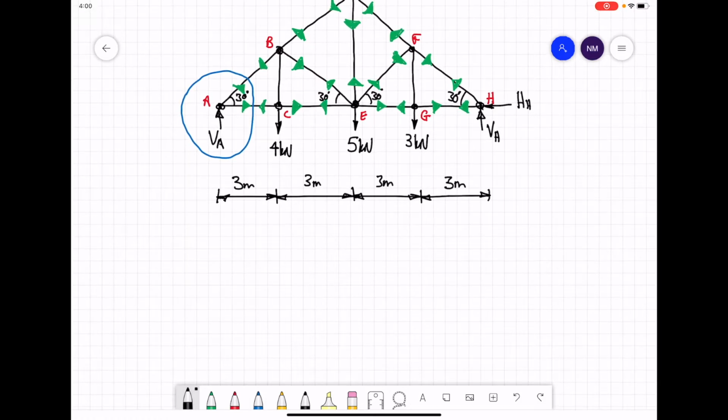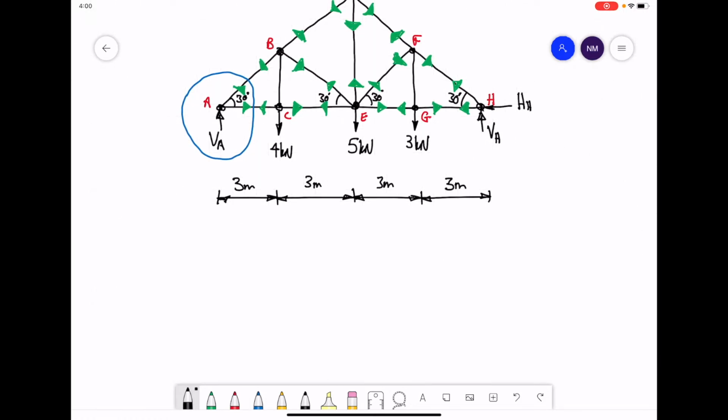Drawing out a free body diagram of joint A gives us our applied reaction force, and following the arrow notation we have, horizontally, force in member AC, or force AC, and at an angle of 30 degrees we have force AB.